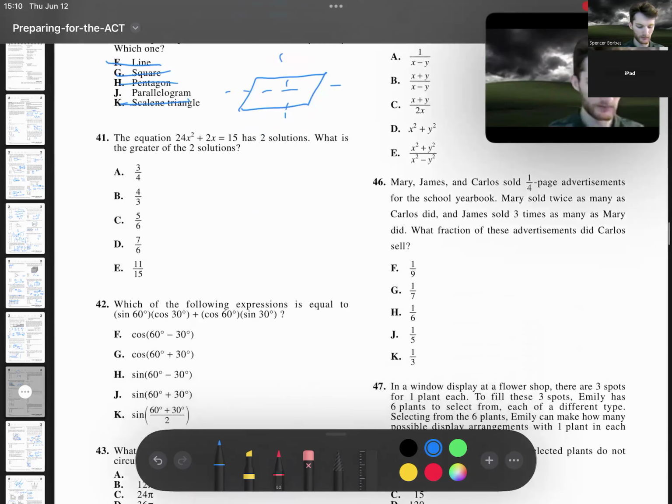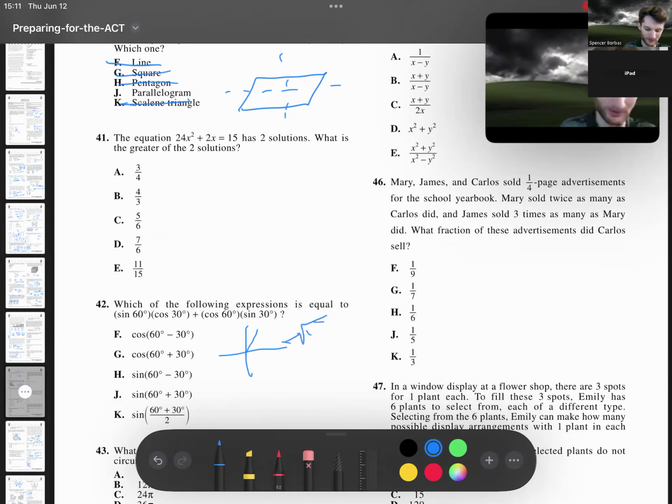42. Which of the following is equal to? Maybe I could solve that. Sine of 60 is, oh shoot.